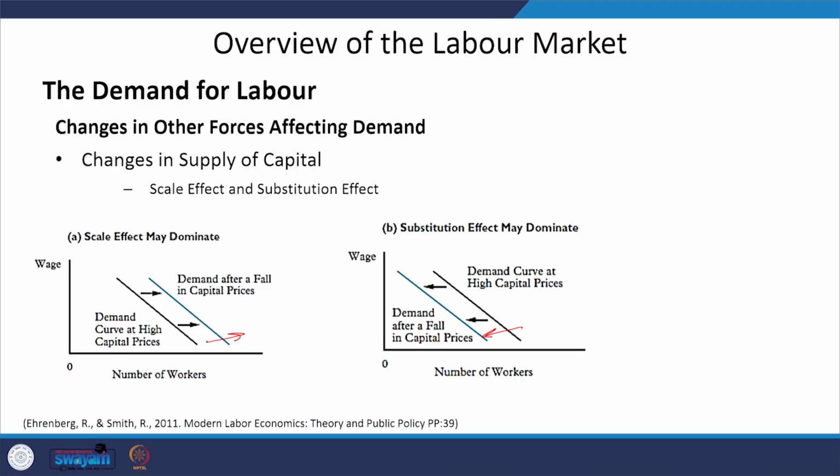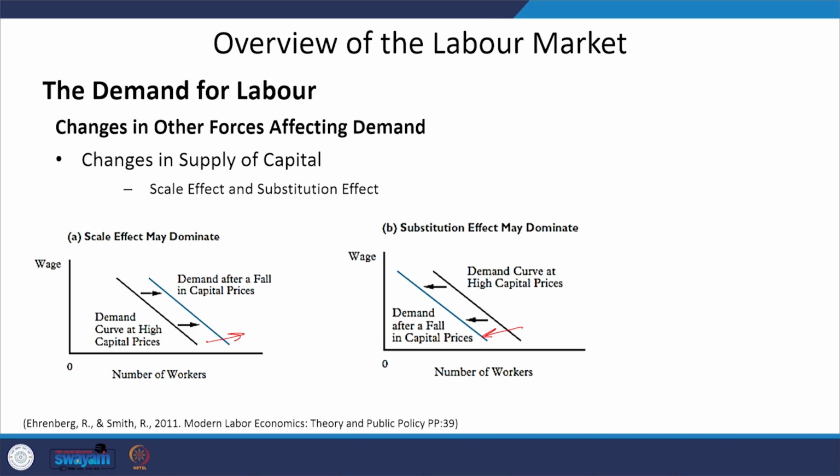Second, a fall in the capital price would bring a substitution effect, where firms adopt more capital intensive technologies in response to the cheaper capital. Such firms would substitute capital for labor and would use less labor to produce a given amount of output than before. With less labor being desired at each wage rate and output level, the labor demand curve tends to shift to the left.